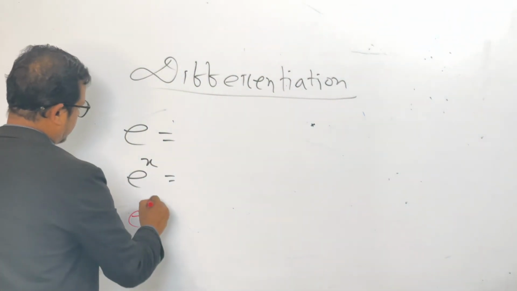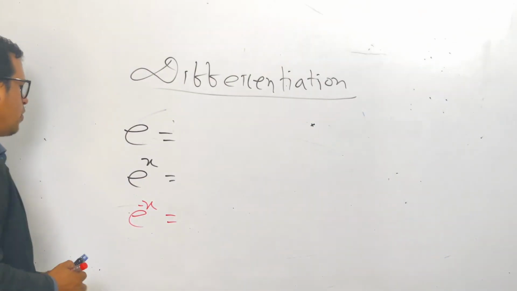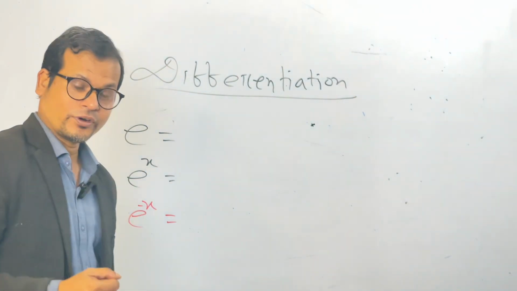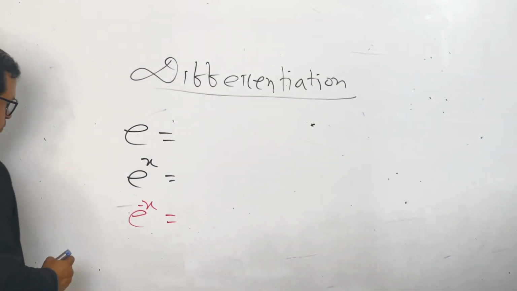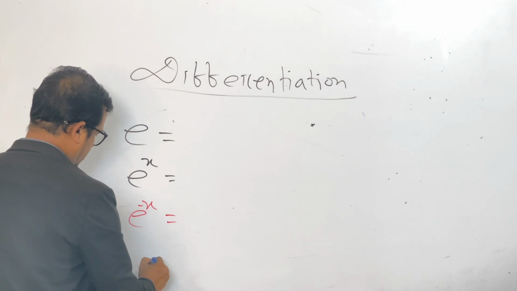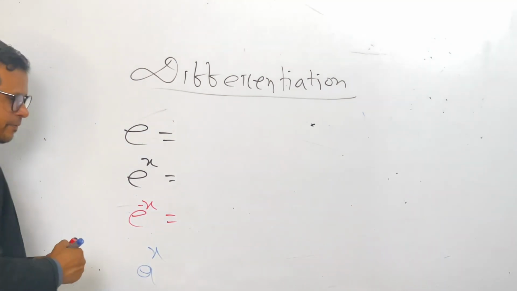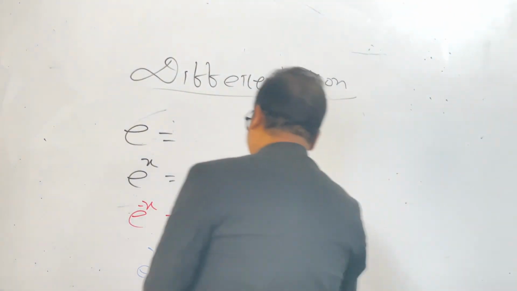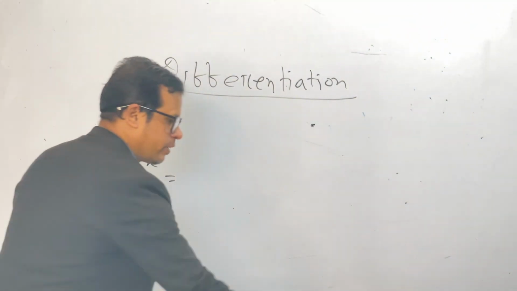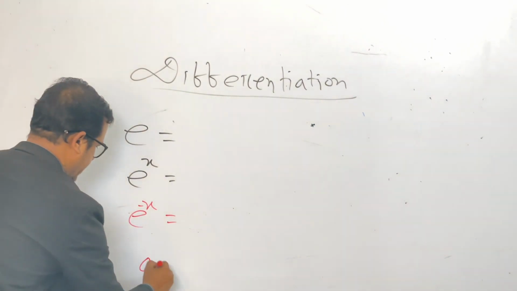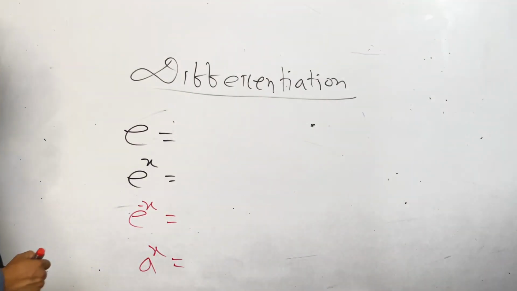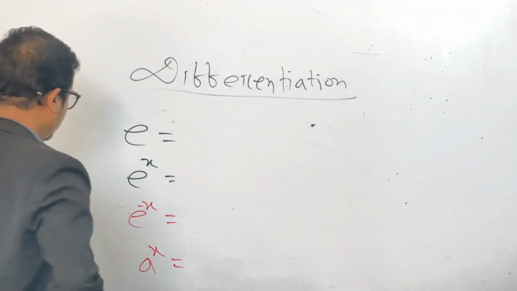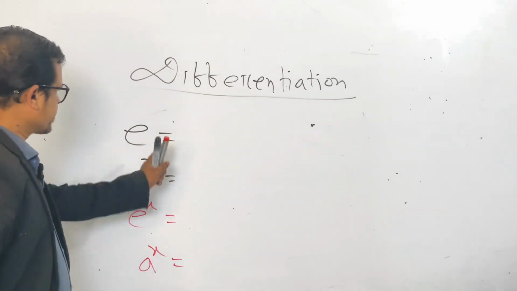What is the expansion of e to the power x, or e to the power minus x, and a to the power x? What is actually the series of a to the power x?